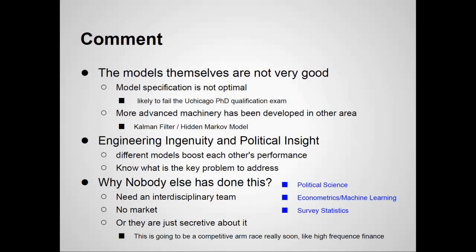When I started to reverse engineer Nate Silver's model, I expected to see a very sophisticated econometrics model that can make a good inference, which is actually not the case. The model specification is not optimal, at least for the 2008 version.